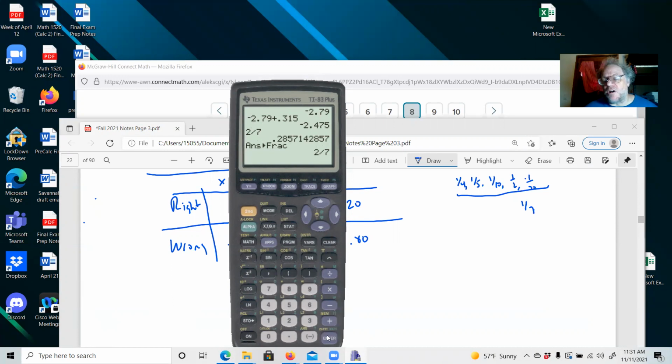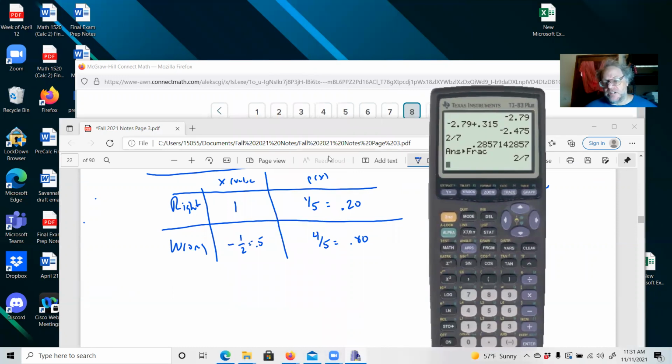Now it's a far less painful experience. The calculator will convert this back into a fraction for us. So you might want to practice a little bit. By all means, if you know you're going to be doing math with the calculator, use this. And once you're good at it, you can stop there. But I would really encourage you to go a little bit further.